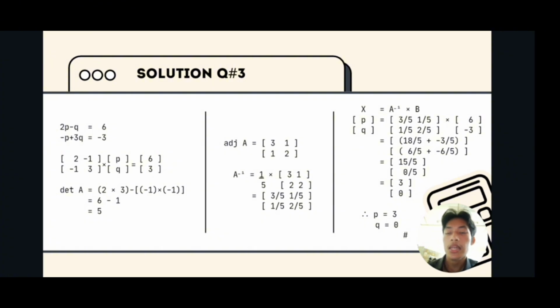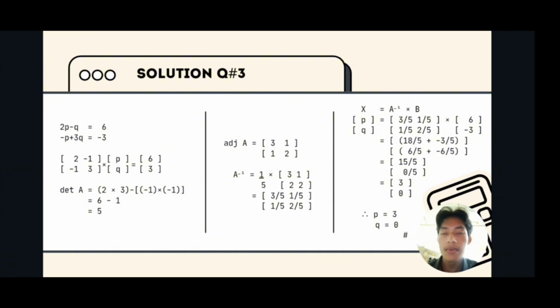Next is the adjoint of A, that is 3, 1, 1, and 2. By the formula, A inverse equals 1 over 5 multiplied by 3, 1, 1, and 2. The answer is 3 over 5, 1 over 5, 1 over 5, and 2 over 5.